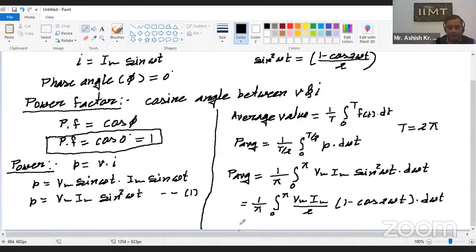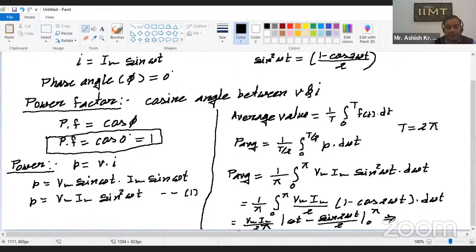Taking the constant outside of the integration, we get Vm Im upon 2 pi. The integration of 1 with respect to d omega t is omega t, and the integration of cos 2 omega t is sine 2 omega t by 2, with limits 0 to pi.